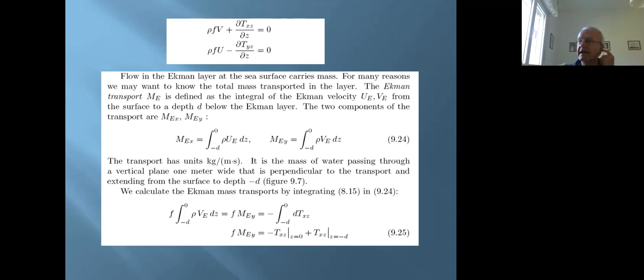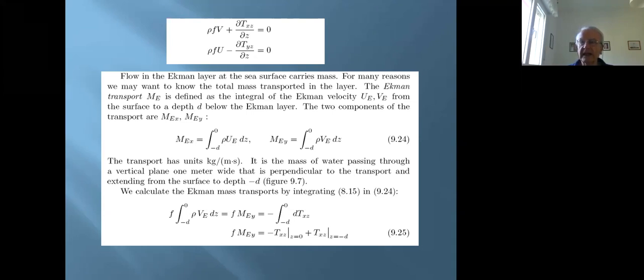In that case, we will obtain the amount of mass which is transported in the Ekman layer, multiplied by rho, the density of seawater. That's how we obtain the transport, which has units of kilogram per meter per second.